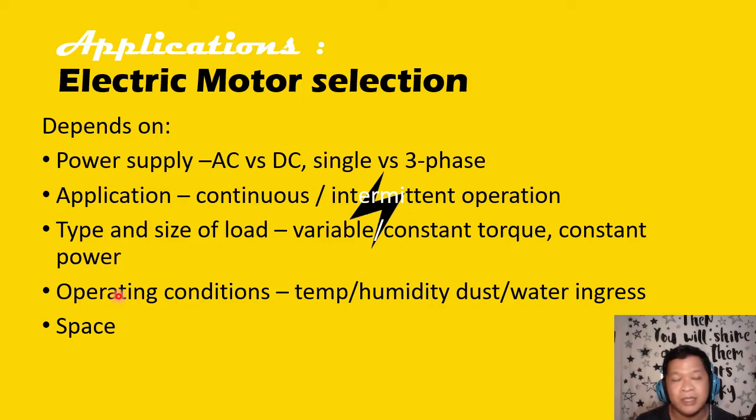Some will have to be air conditioned, and you have to look at how much water is being splashed around the place. Of course, which is dependent on the type of food product you are making and the specific step involved in that production. Then you have to also look at the space requirements for the motor. And again, if it's harsh operating conditions, you may want to look at the IP rating for dust ingress and water ingress.